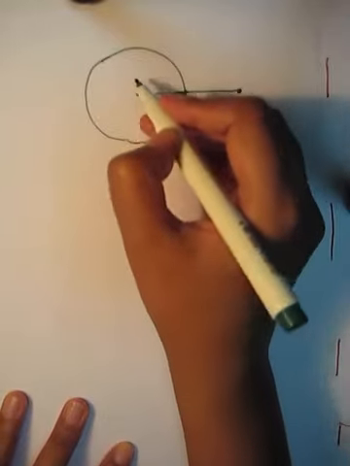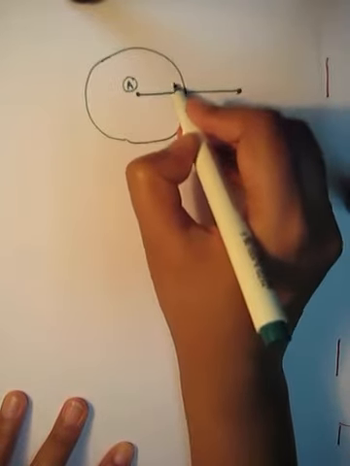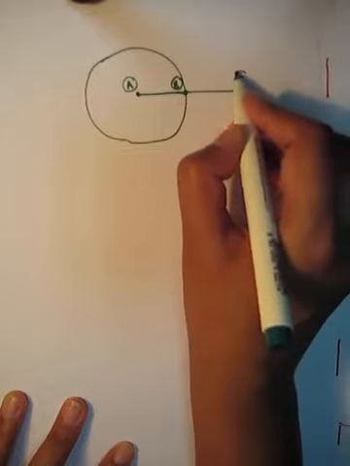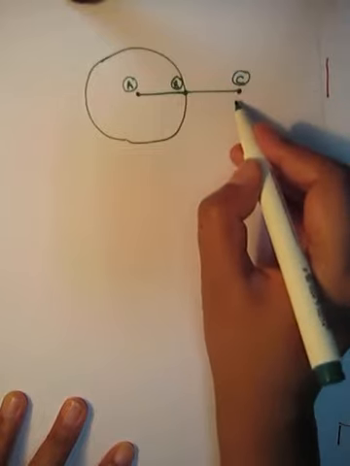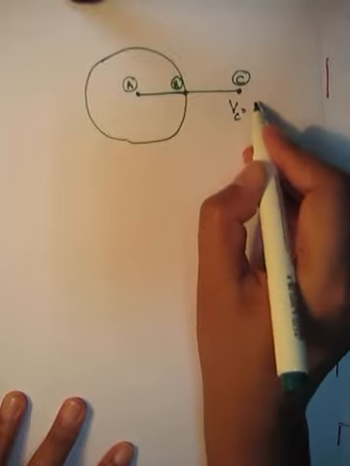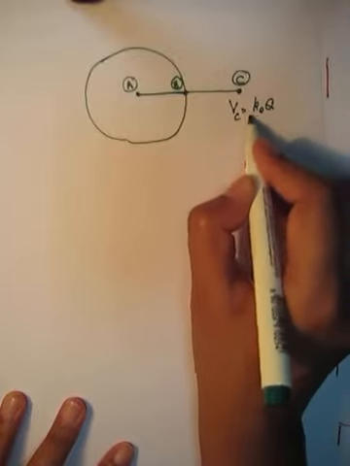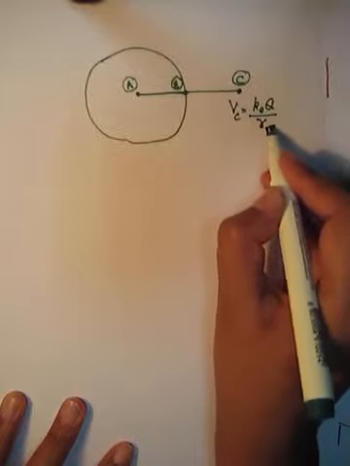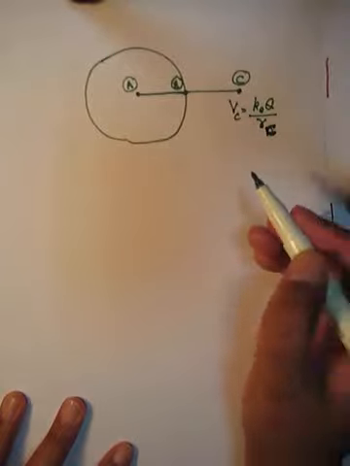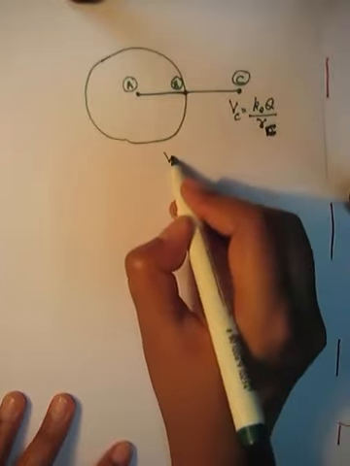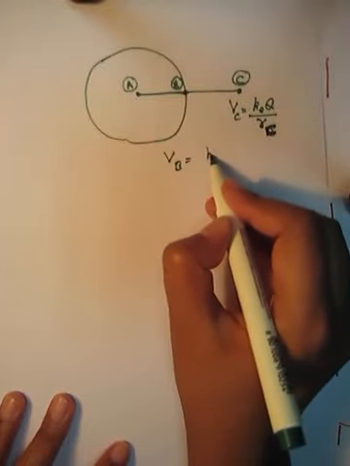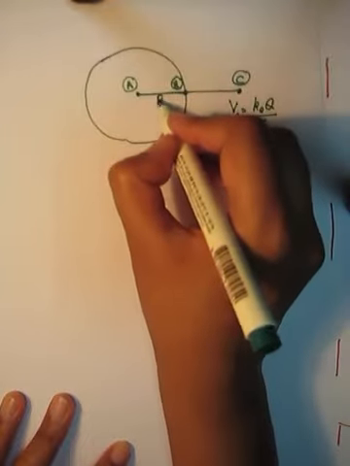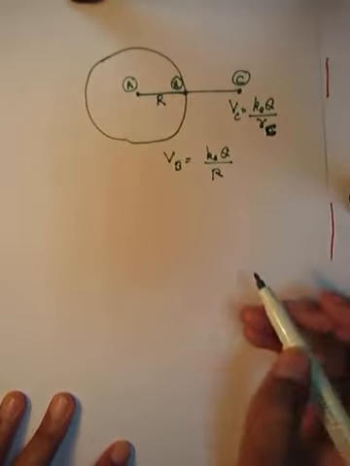Let us say this point is A, this point is B, and this point is C. So the potential at C will be Keq upon the distance rC, and the potential at B will be Keq upon R, if this distance is capital R of the conductor.